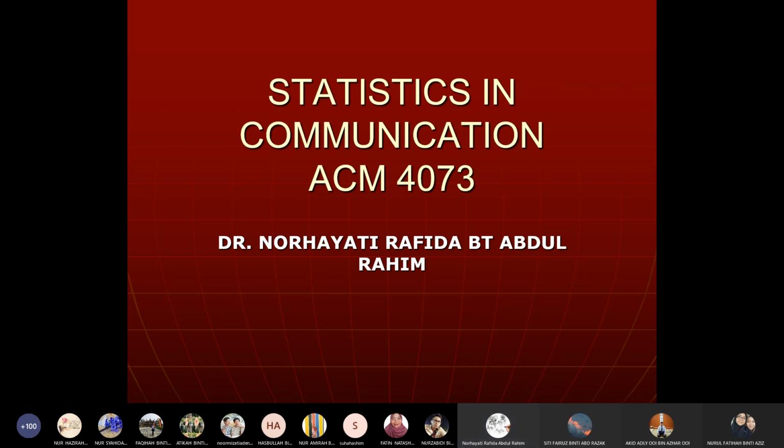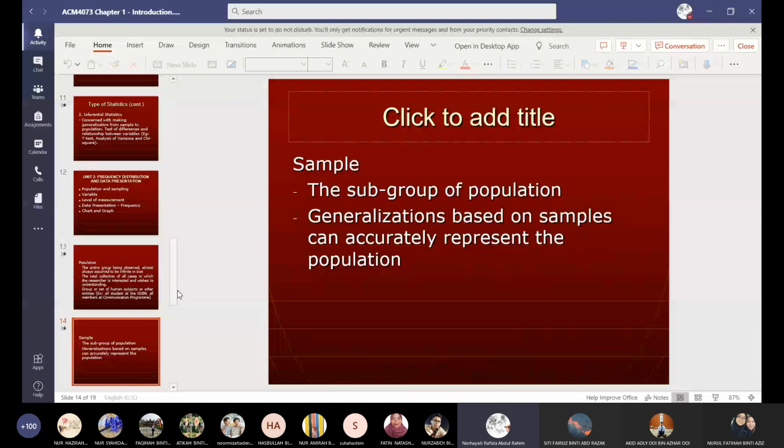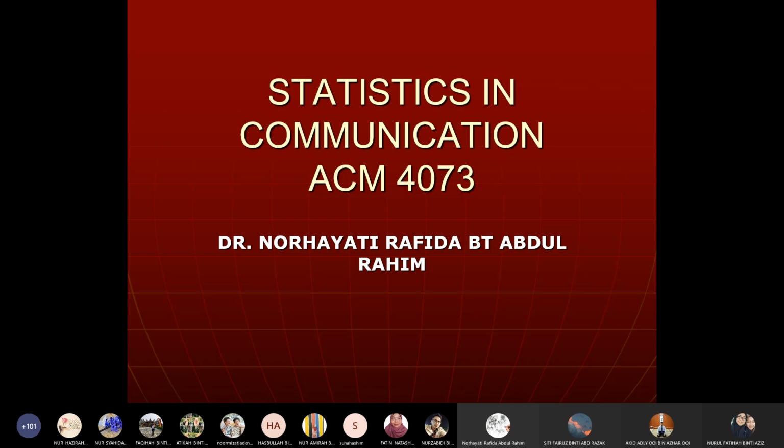Sampling is smaller, a subgroup of the population. It is generalization based on samples. The subgroup of the population, smaller number, repeat.